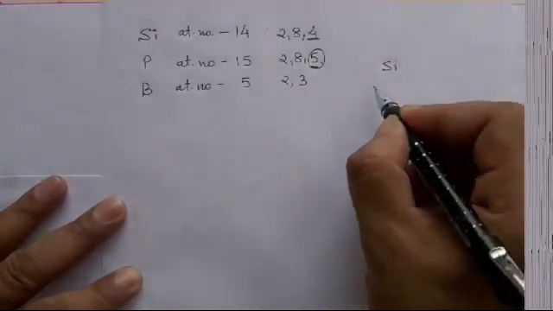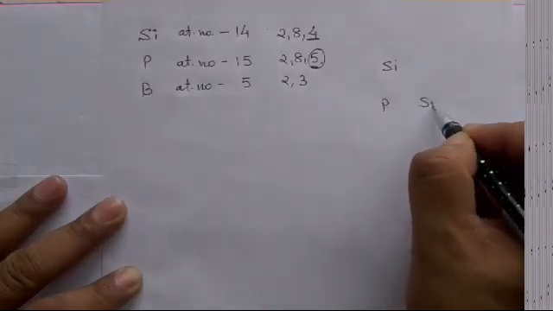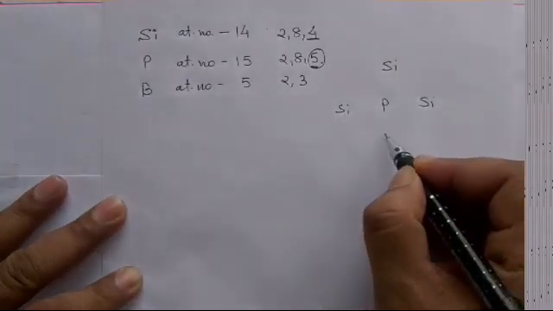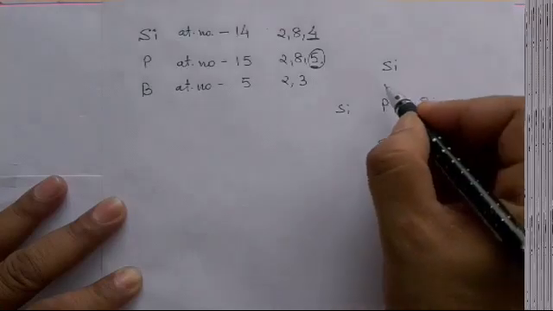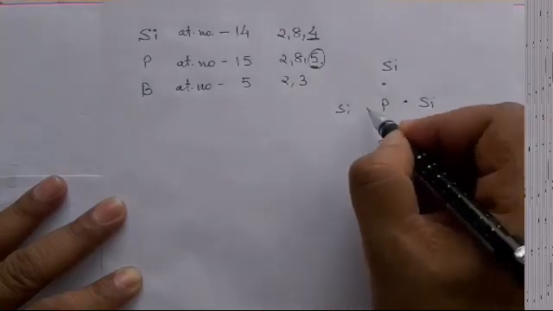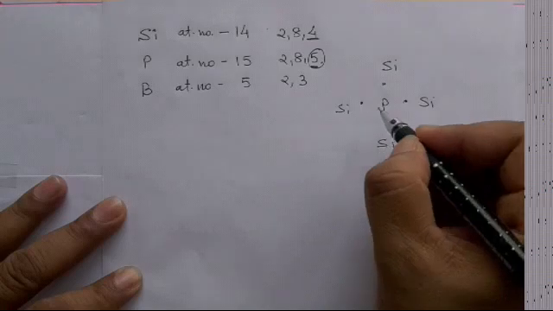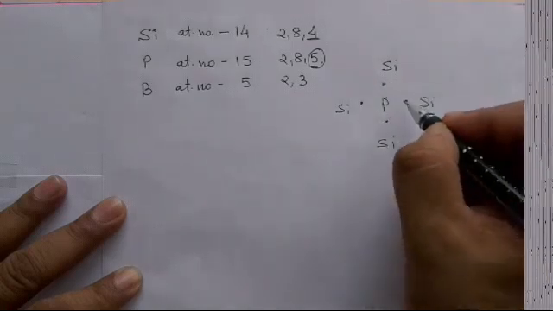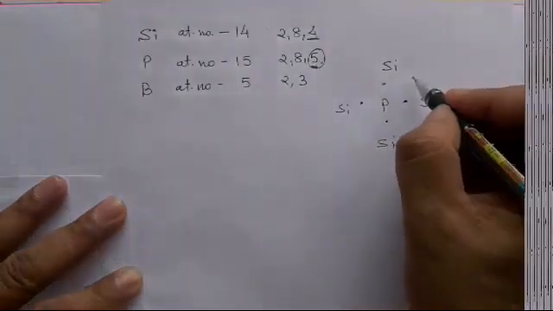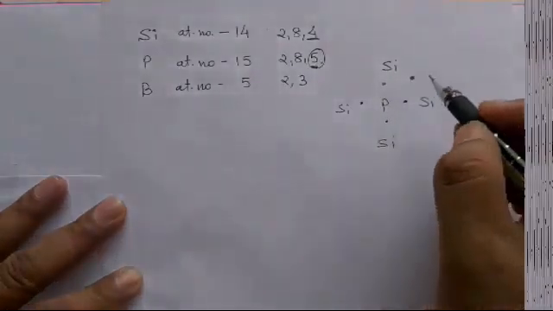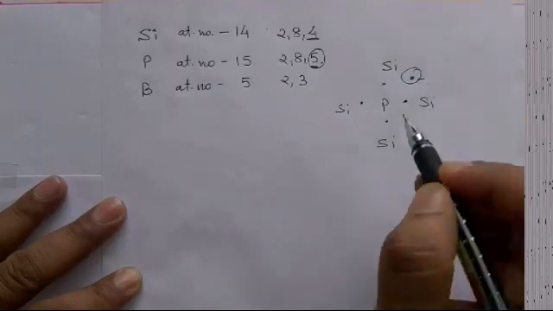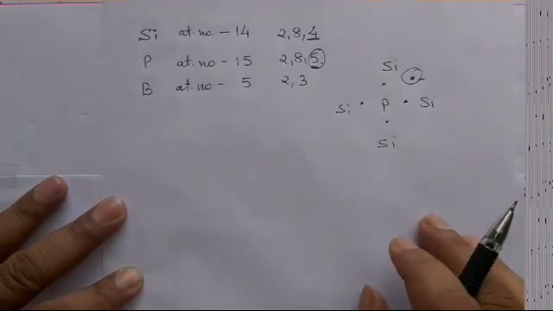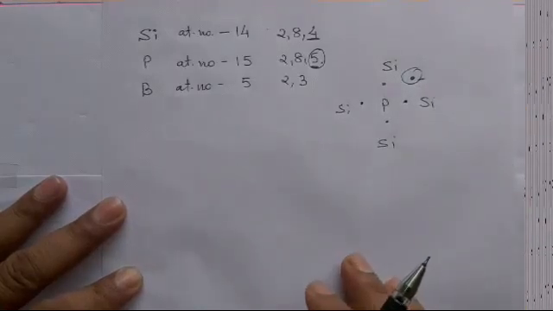Consider this silicon, this phosphorus, silicon, silicon, and this silicon around it. There will be 4 electrons shared by this phosphorus, and the fifth electron will be somewhere else, but that extra electron will be responsible for the increased conductivity.